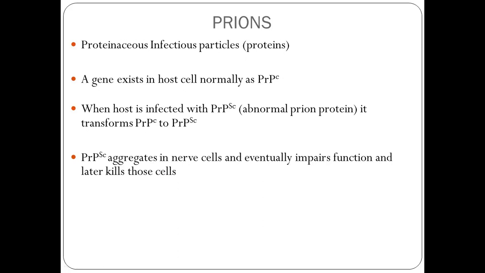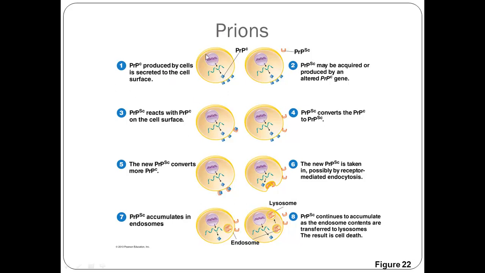Of course, the best way to kill prions is dry heat. So just burning them will decontaminate them. So here is a picture showing you that normal cellular prion protein, and this is the scrapie protein. If you become infected with the scrapie protein, then it changes this normal cellular protein into a scrapie protein.